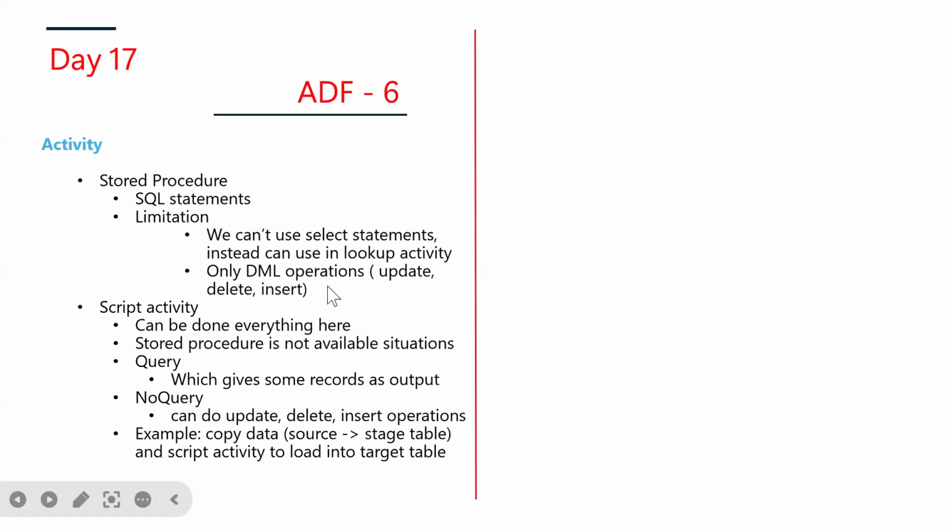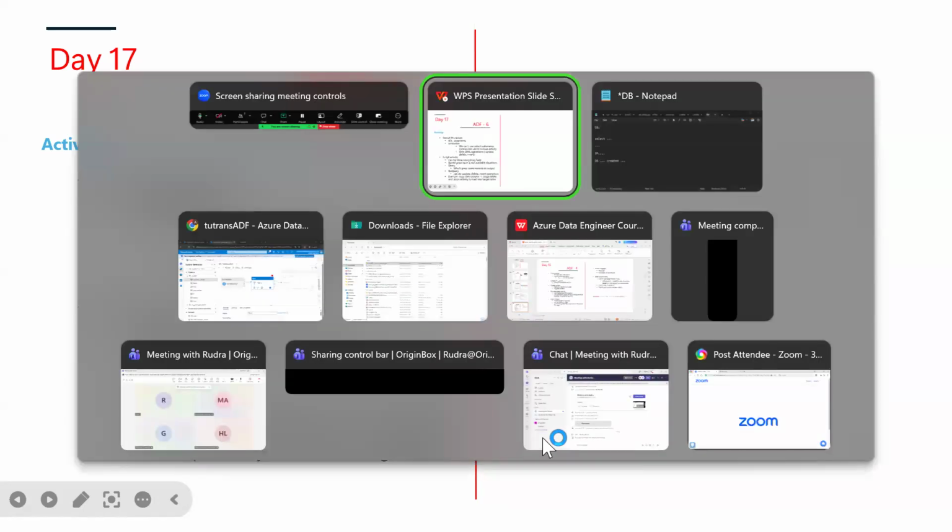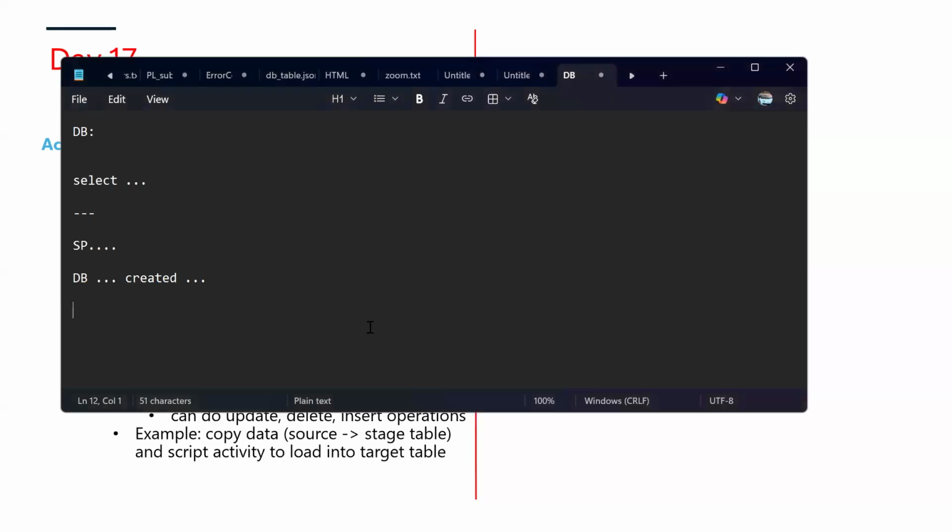So how do we do that? We'll see. I'm not writing stored procedures on my own. I'll take the help of ChatGPT and let us create one sample stored procedure. What I'm trying to do is create a stored procedure in my database.